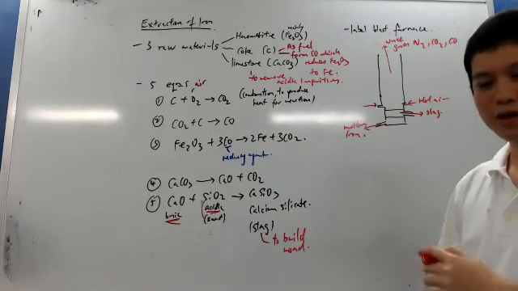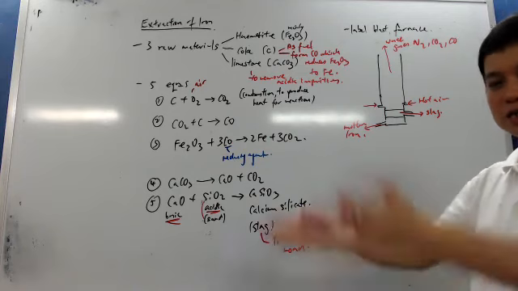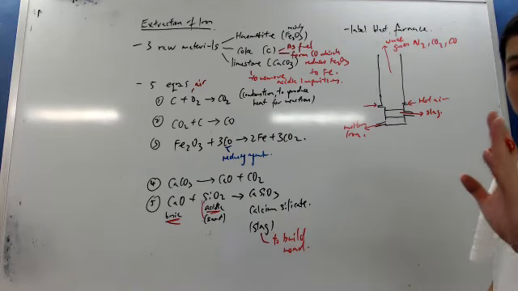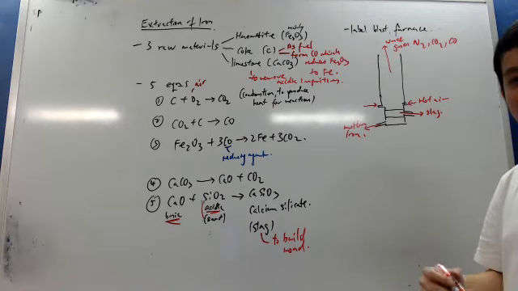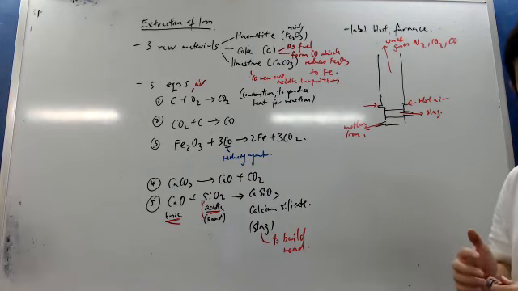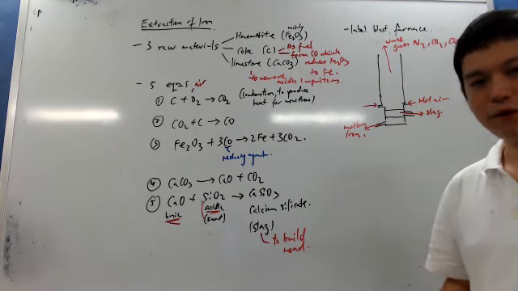Not all of it can react. So a lot of it will actually escape from the top as well. So this carbon monoxide will also make up a high percentage of the waste gas. And carbon monoxide is poisonous. That's why the extraction of iron in the blast furnace is not an environmentally friendly process. So these are the few things you need to take note of for the extraction of iron.